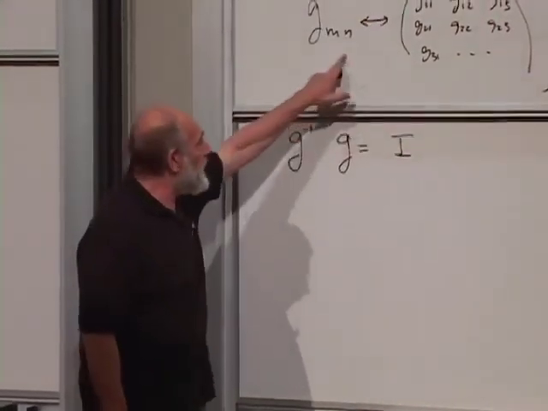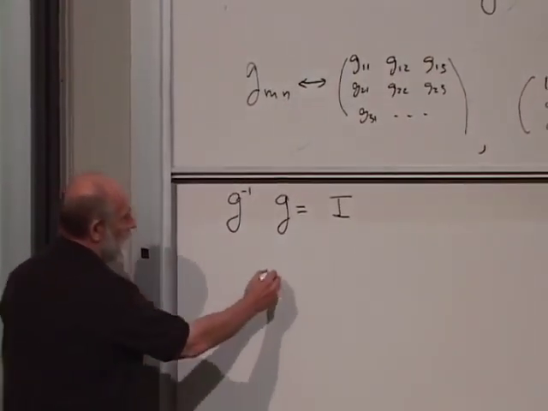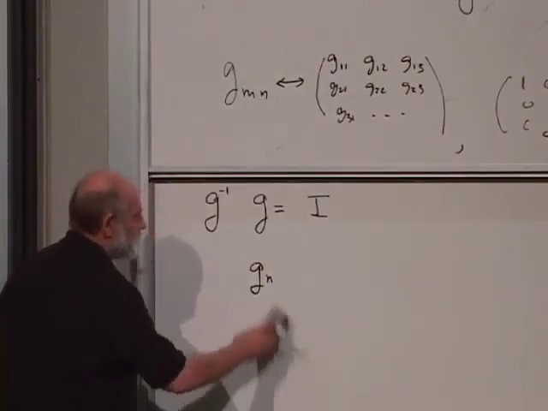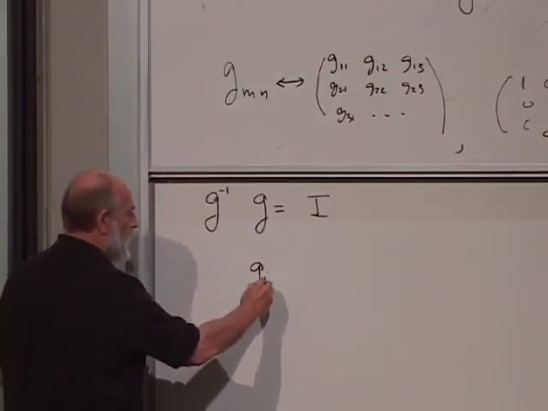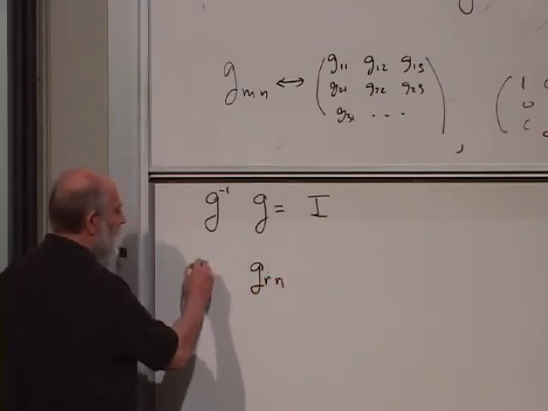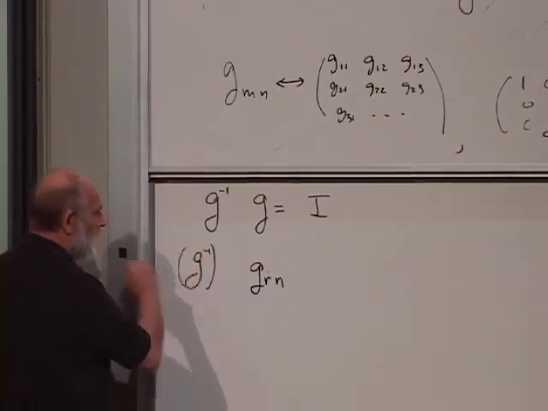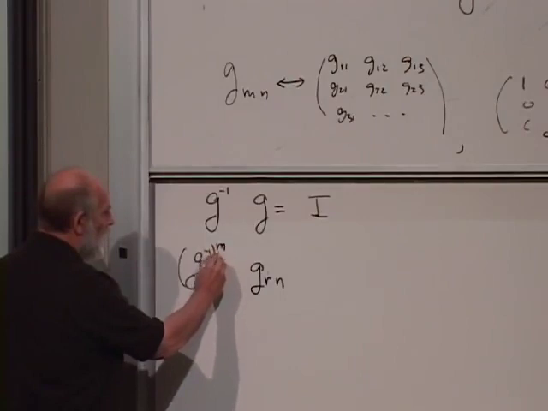To write that in index notation, it's G, let's call it, G inverse, with indices Rn and MR.